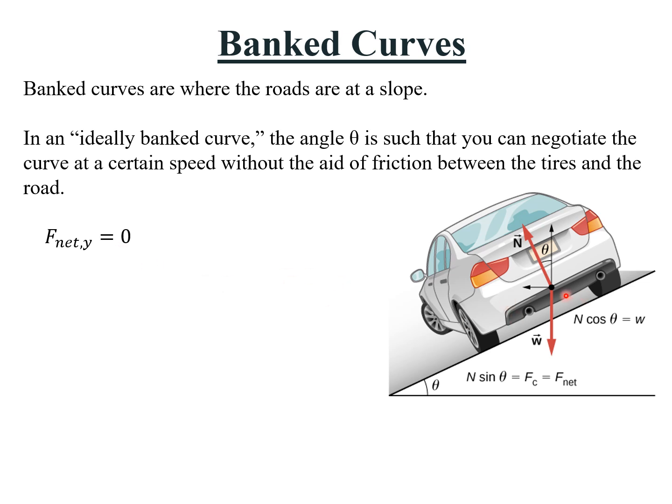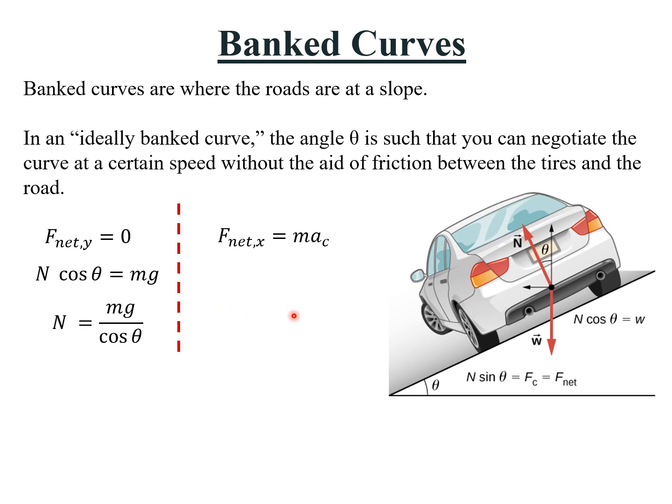So I have the gravitational force, which is pointing downwards, and then I have a component of the normal force that is pointing straight up. So I have n cosine theta minus mg is equal to 0. Solving for the normal force, n cosine theta is equal to mg, and then n is equal to mg divided by cosine theta.